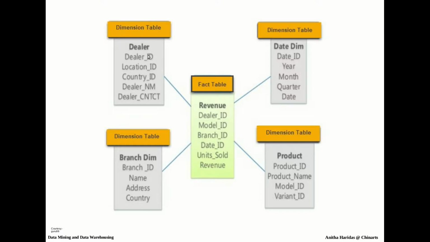The same dealer may have different products also. The same dealer ID will be repeated for different branches, and for different models also. So dealer ID will be only one in the dimension table, but in the fact table it will have many entries of the same dealer ID with different models, different branches or different dates, right?